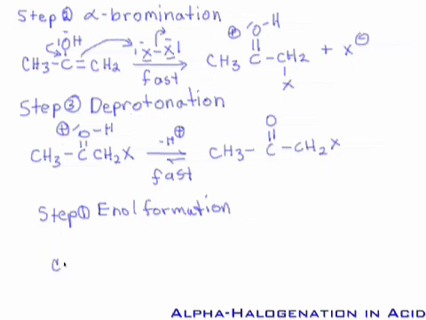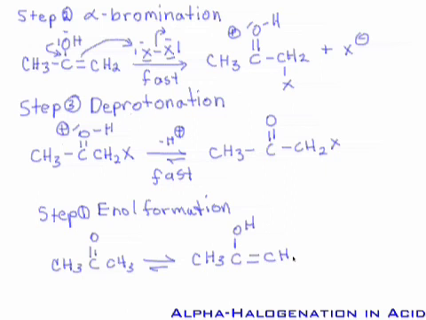So once again, enol formation, or the equilibrium between the tautomers. This was slow. Even in acid, the concentration of enol is small, and this is our rate determining step.